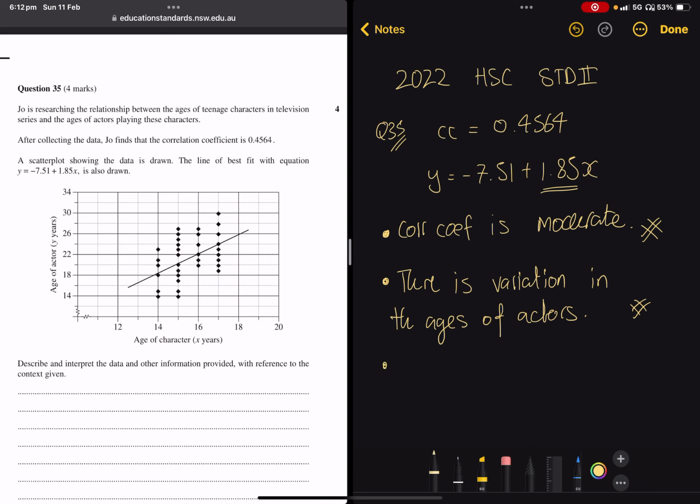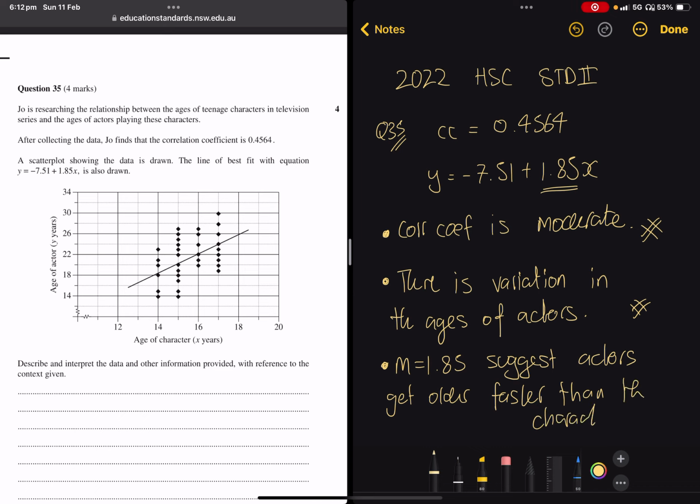So the slope, m equals 1.85, suggests that actors get older faster than the characters they play. So this is another observation, and they get older at a rate of about 1.85.